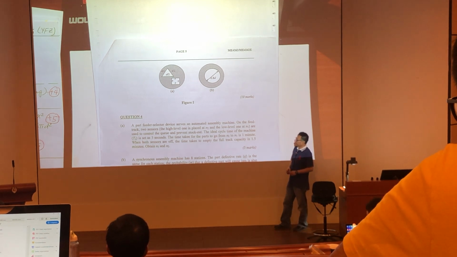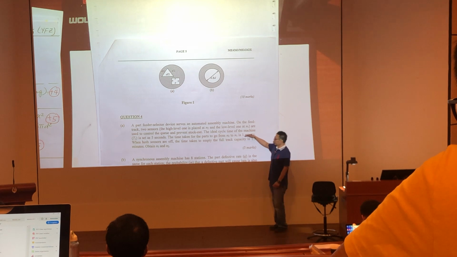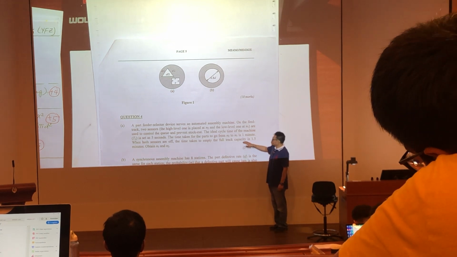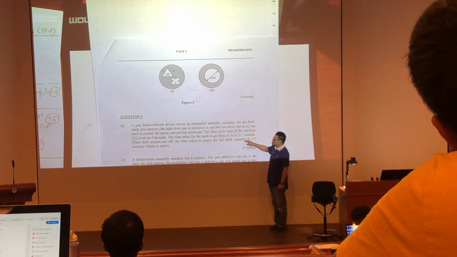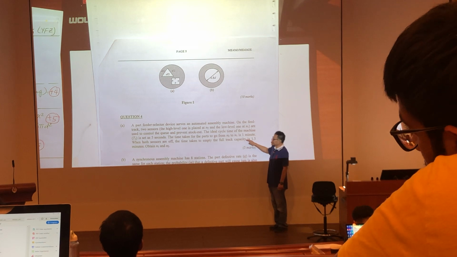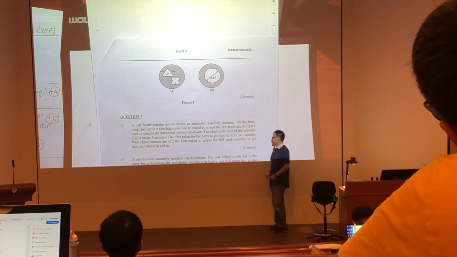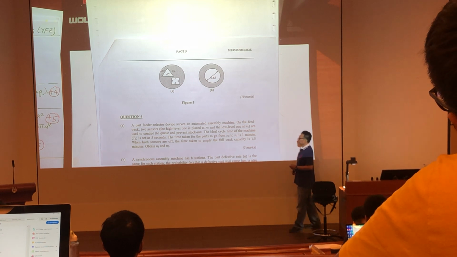Okay, we are given 2 clues. The time taken from N2 to N1 is 1 minute. So you can establish one equation here. The second clue, when both sensors are off, the time taken to empty the full track capacity is 1.5 minutes.